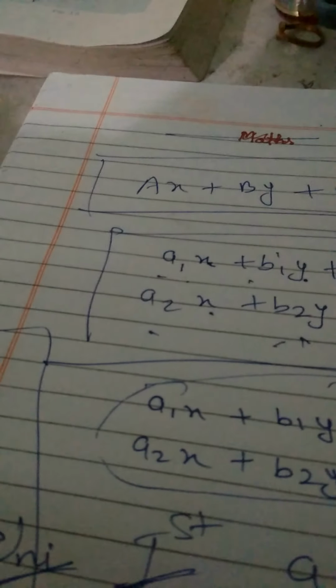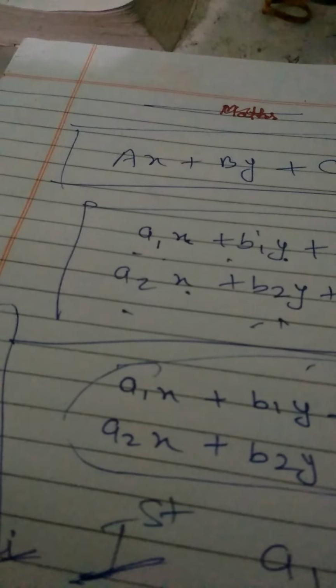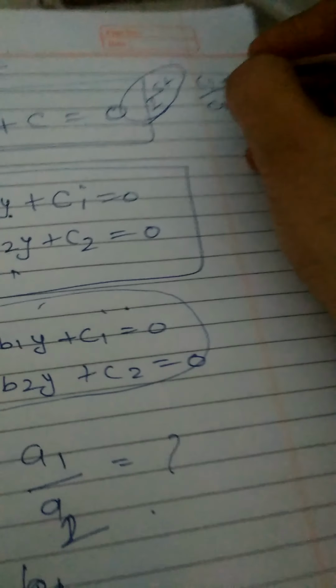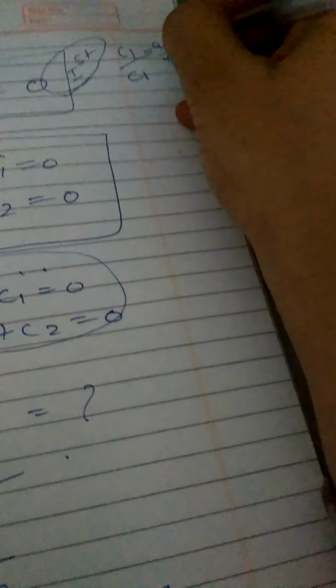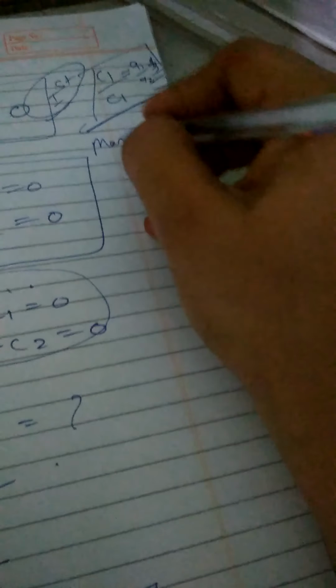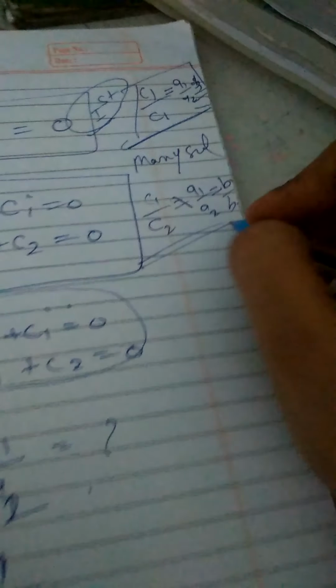Then we find c1 upon c2. Here we find two conditions. First, if c1 upon c2 is equal to a1 upon a2 equal to b1 upon b2, that means there are many solutions. Otherwise, if c1 upon c2 does not equal a1 upon a2 equal to b1 upon b2, that means there is no solution.